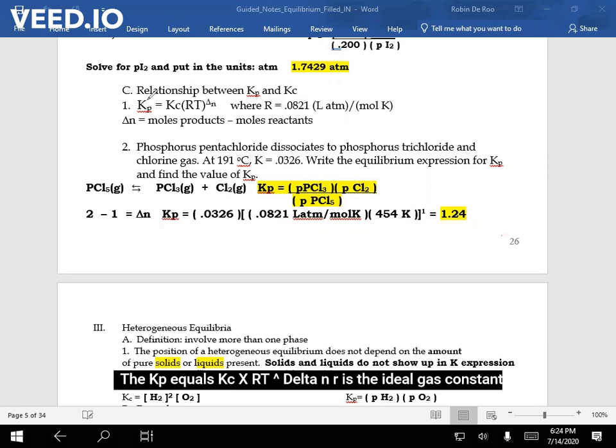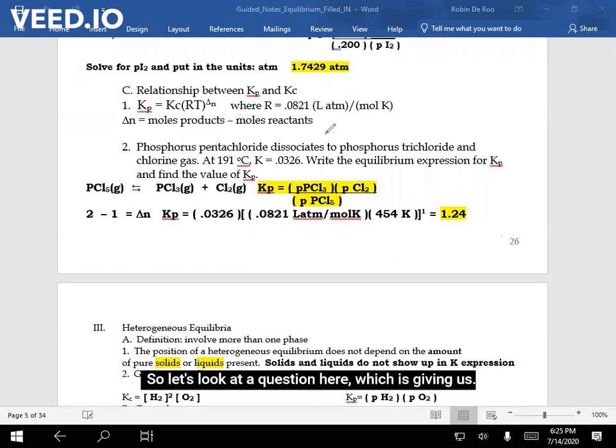Kp equals Kc times RT to the power of delta n. R is the ideal gas constant, 0.0821 liters atmosphere over mole Kelvin. So in this case, you do need to use your units. The delta n is the moles of the products minus the moles of the reactants.